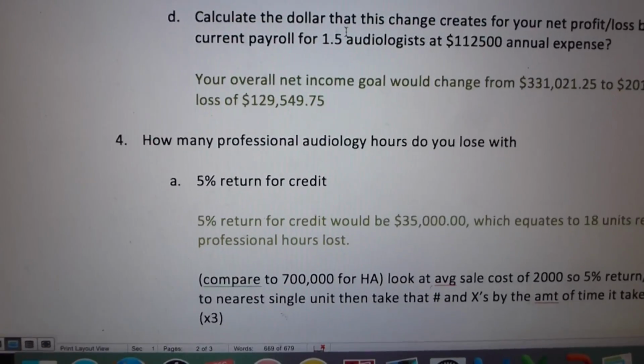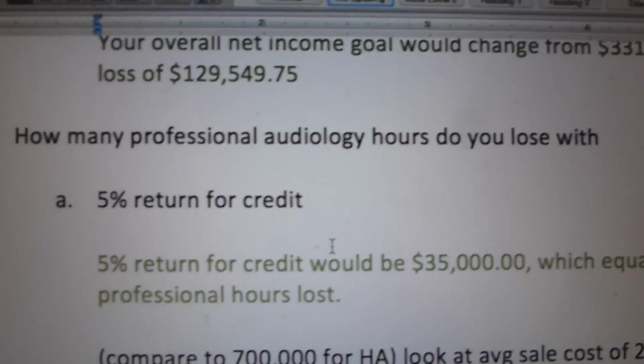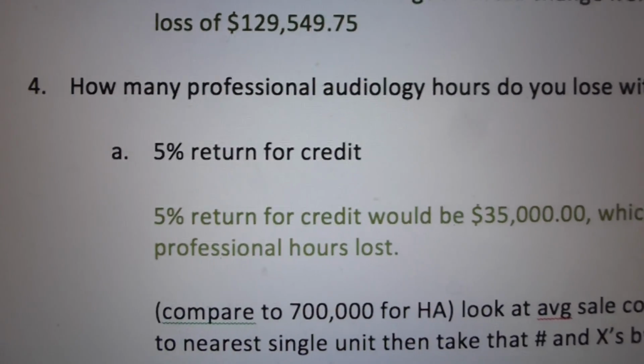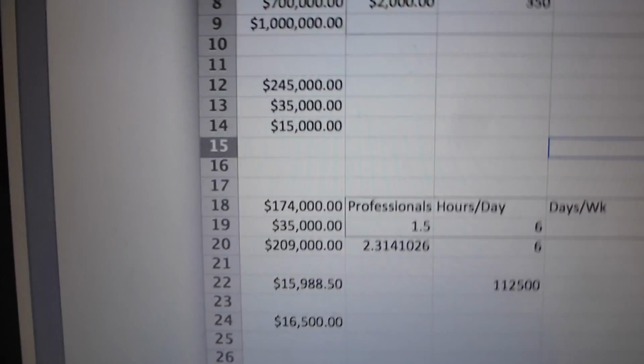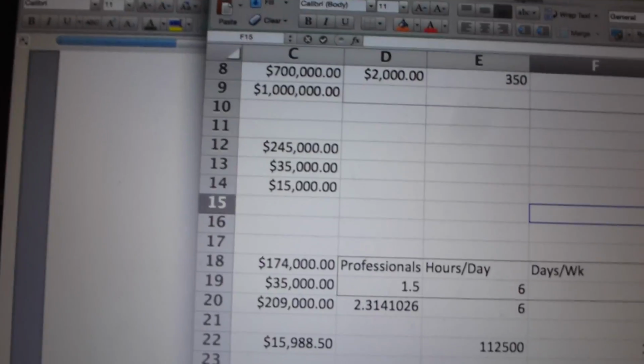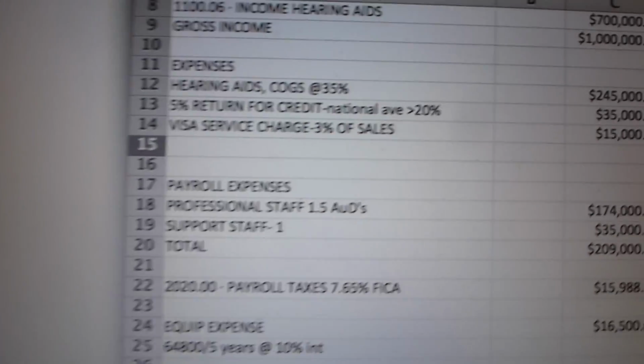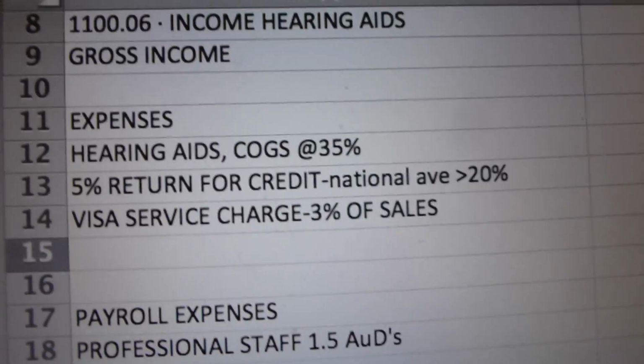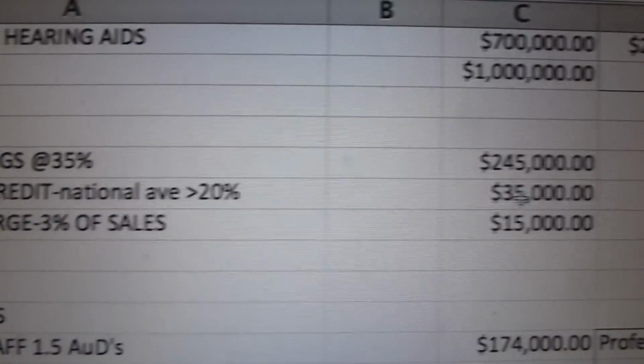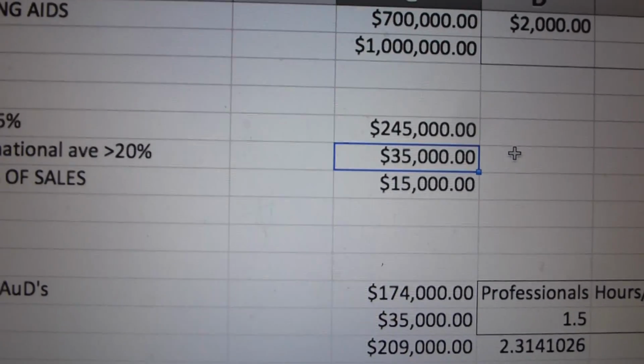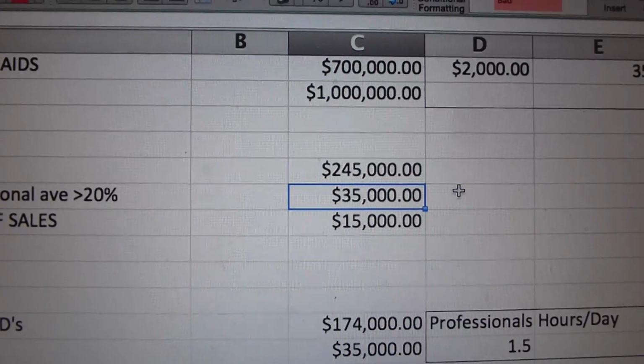So the very first part we're going to focus on is how many professional audiology hours do you lose at a 5% credit for return. We're going to use the same annual P&L sheet as before, and he actually already gave you the 5% return, which is right here, 35,000.